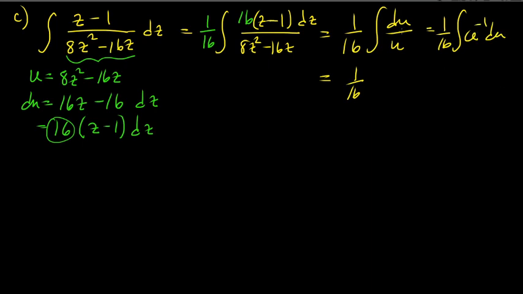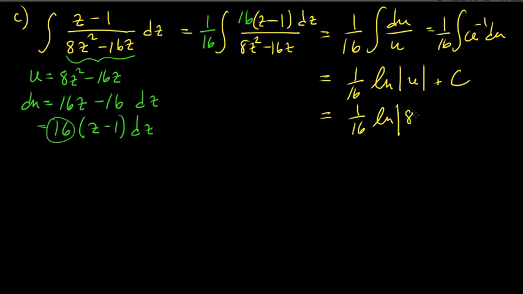Right? But hopefully by now, having been through all of chapter 5, you know that this integral is just the natural log of absolute value of u. Don't forget the absolute value. Also, don't forget the c here. And what was u? It was 8z squared, that's supposed to be an 8.